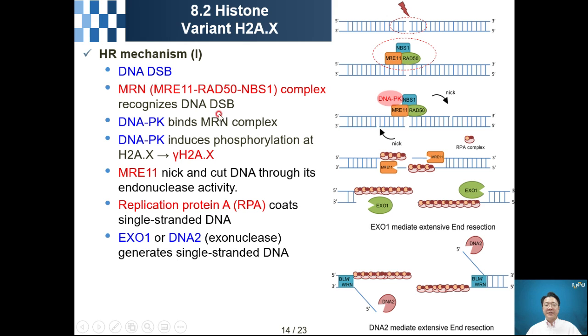This complex then recruits DNA-PK. So DNA-PK binds to the MRN complex. After that, DNA-PK induces phosphorylation at H2AX, so they make gamma H2AX. In the human case, they usually induce phosphorylation at serine 139.